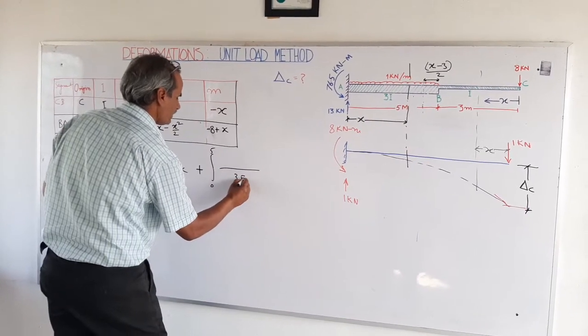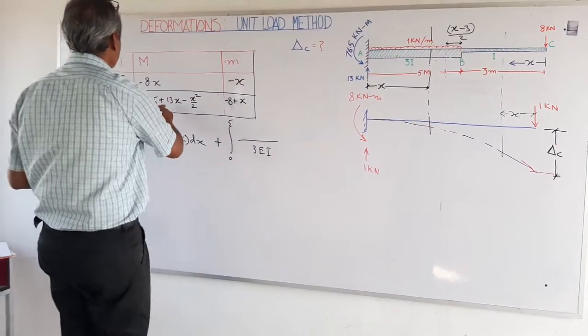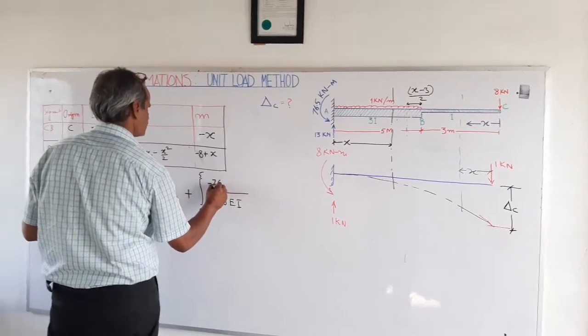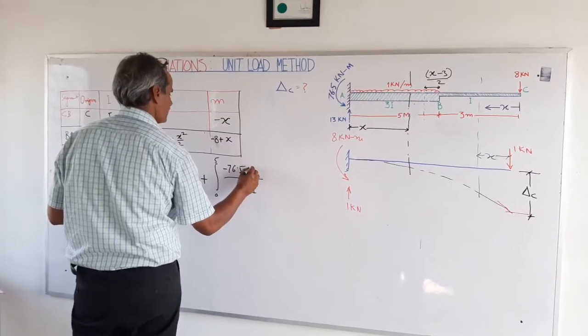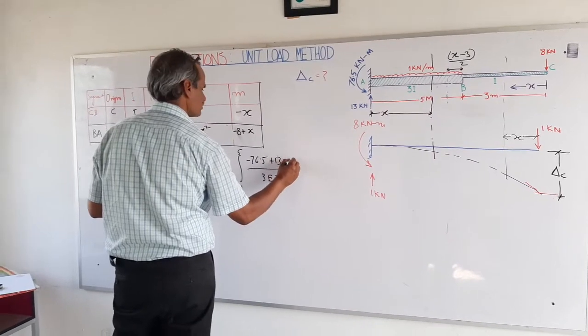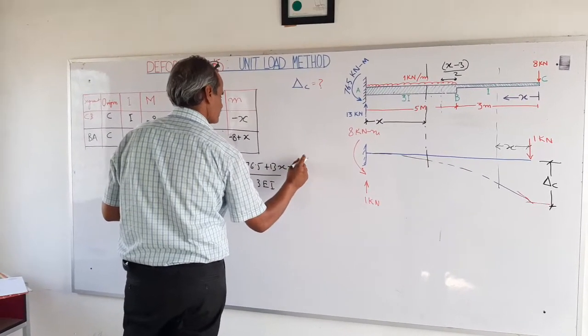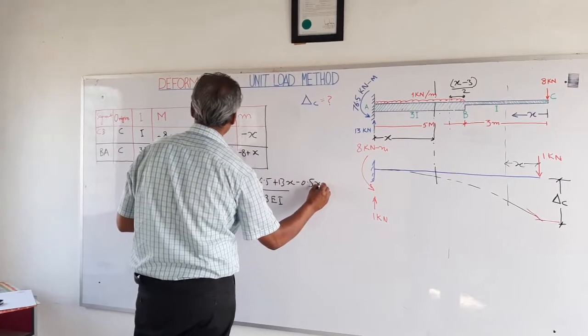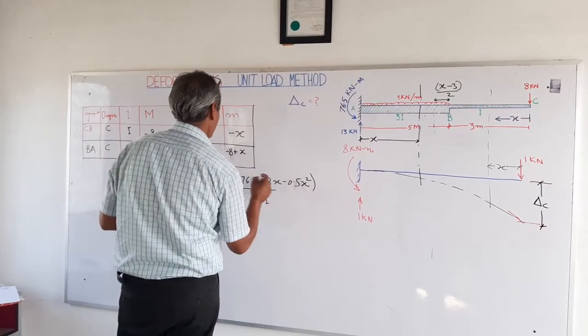divided by 3 EI, and this is minus 76.5 plus 13x minus x square by 2, or 0.5 x square.